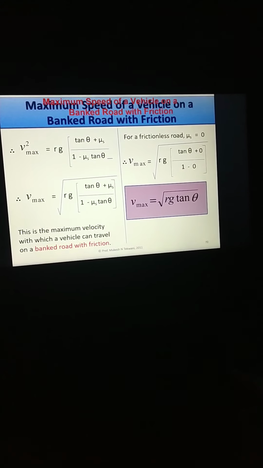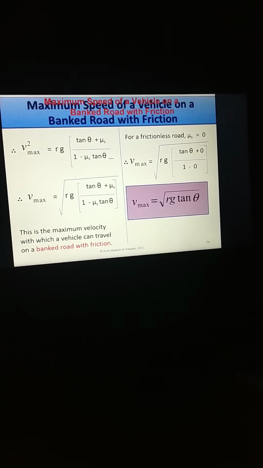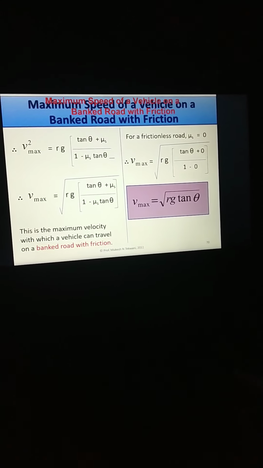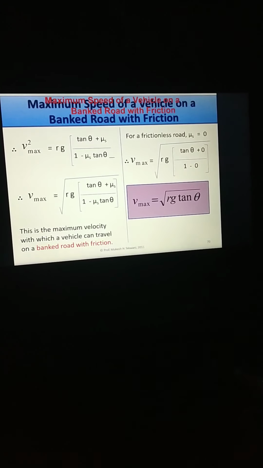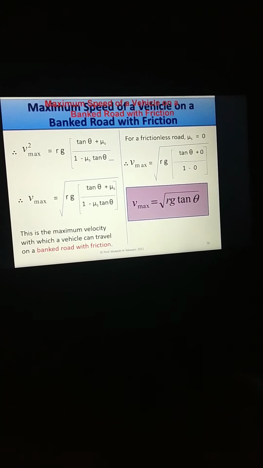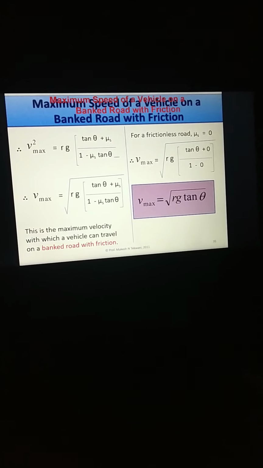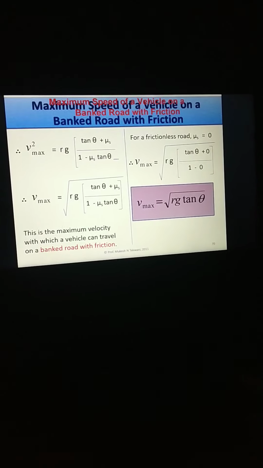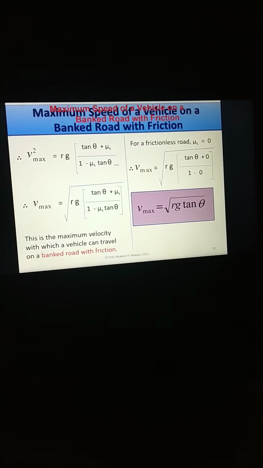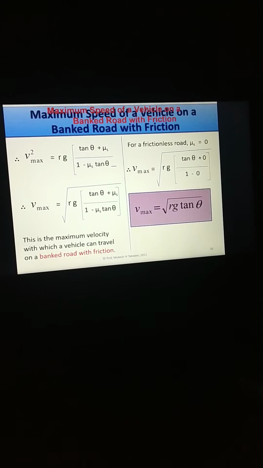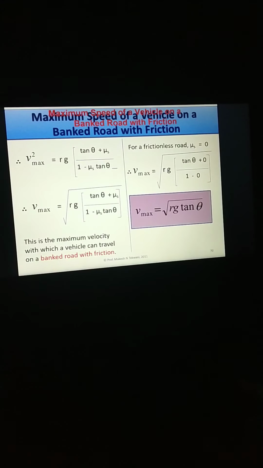If you are writing the v square max equation, you can multiply rg on the other side. If you are writing only the v max expression, you can take the square root of the whole term on the right hand side. Okay, if you consider here friction is very less, as we already know that the coefficient of static friction is not a reliable factor, so we should eliminate it here.